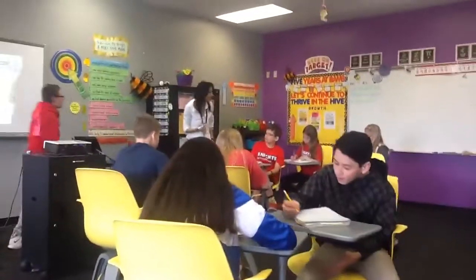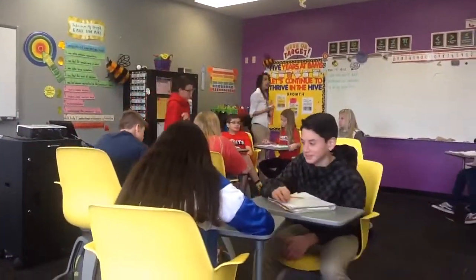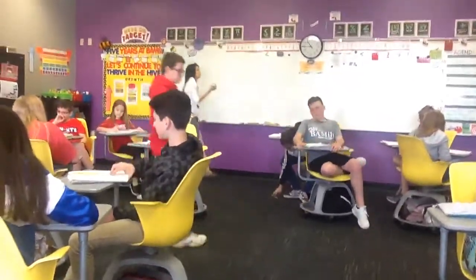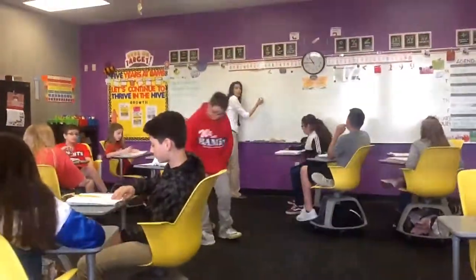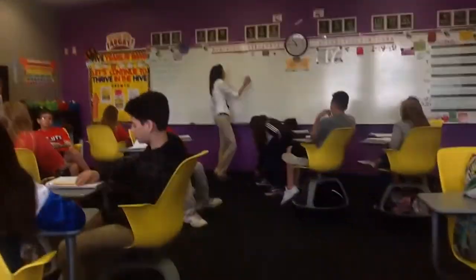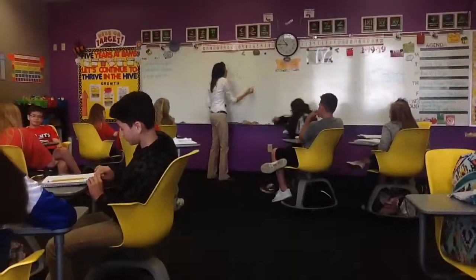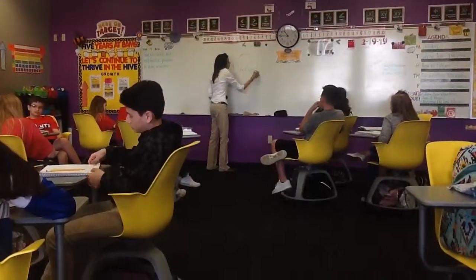All right, I need everybody to touch down. Can't multiply decimals. All right, Kat, what is the formula to find the area of a trapezoid? Area equals half the height times base 1 plus base 2.